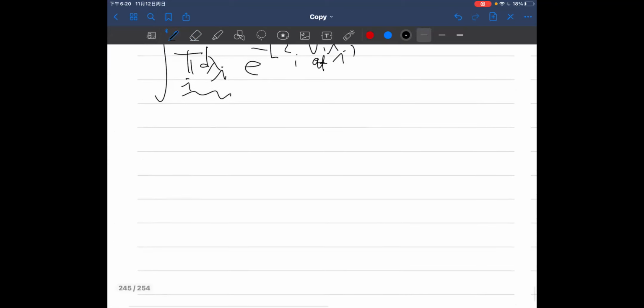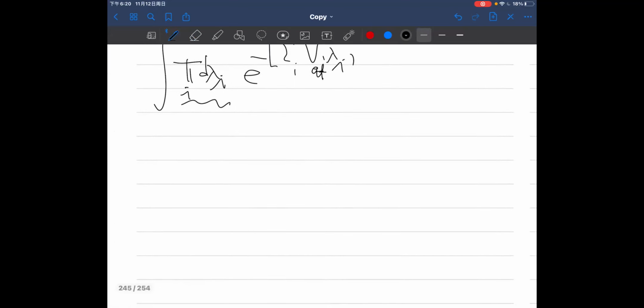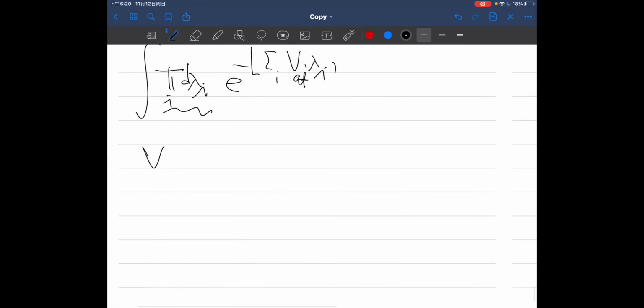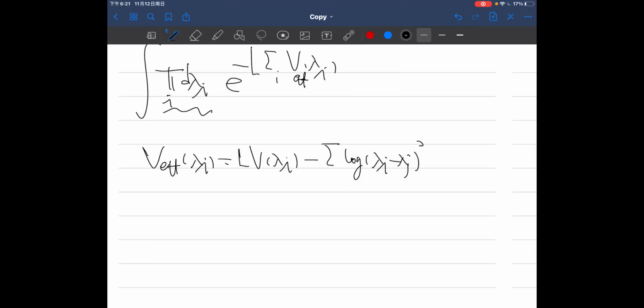So if you write the matrix in the form like this, we have that the effective potential should equal L times the sum of V(lambda_i), then minus what? Why is there a minus? Let me see. Yes, it is a minus. Yes, it is minus the sum of log (lambda_i minus lambda_j) squared, i not equal to j.